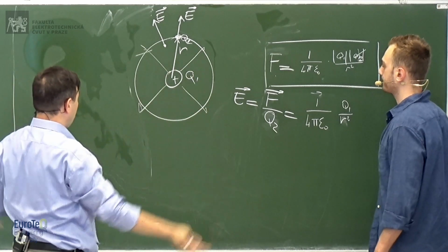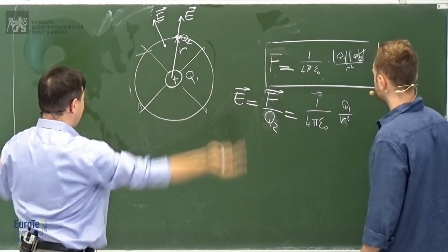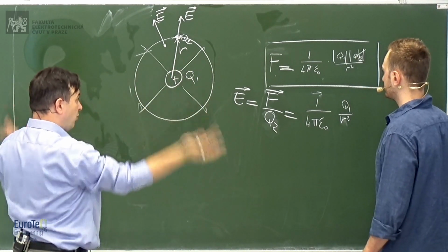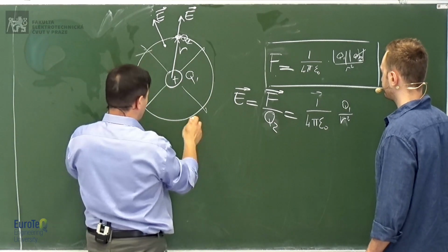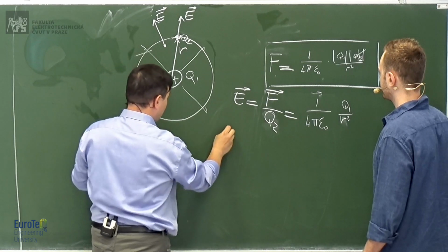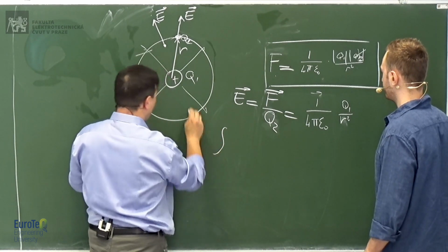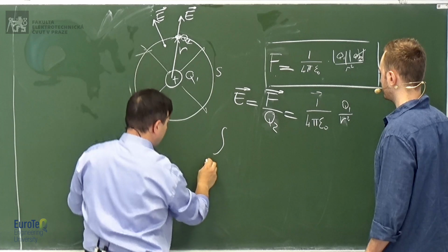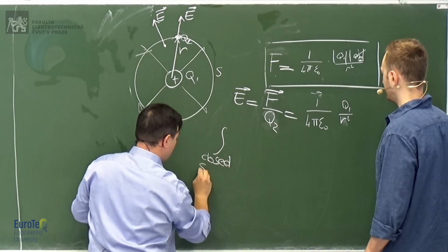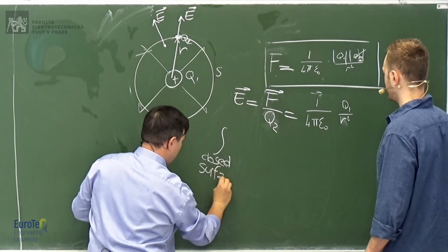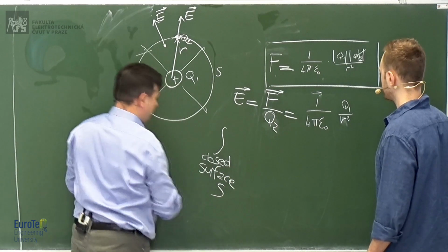Now let's try to calculate the integral of that all over the surface of the ball. So you have to calculate the integral over S. This is a closed surface, so that means there can't be any holes.